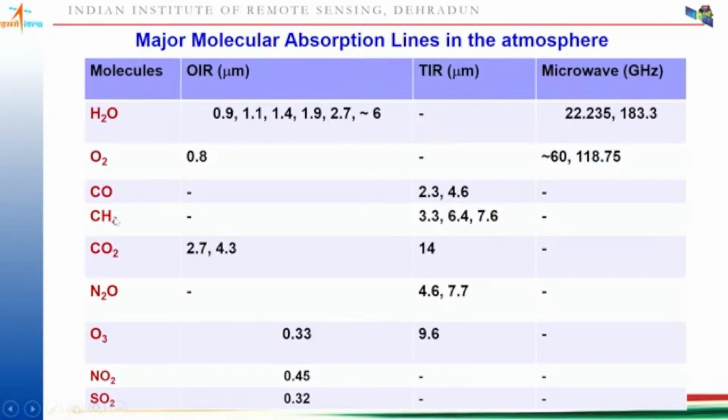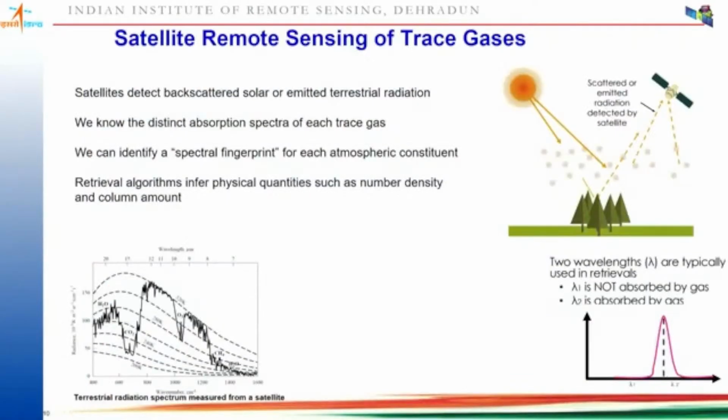Carbon monoxide, methane, carbon dioxide all have absorption in the infrared domain. Nitrous oxide, tropospheric ozone, NO2, sulfur dioxide, SO2: all these have specific absorption bands in the atmosphere.